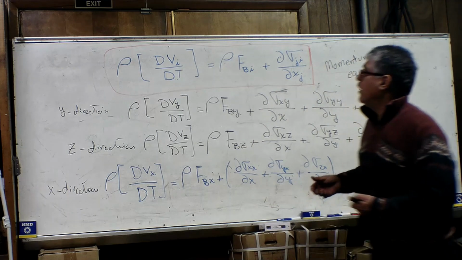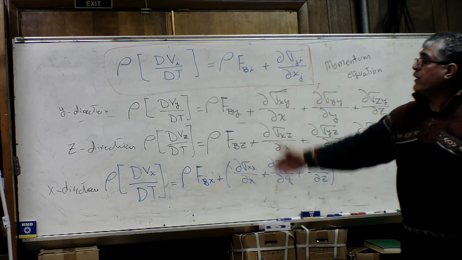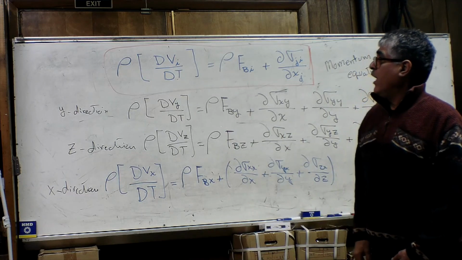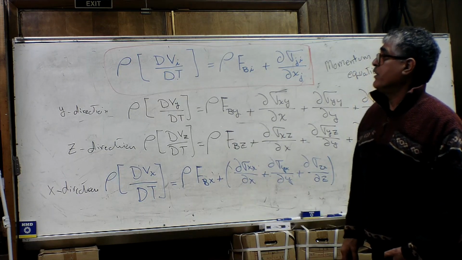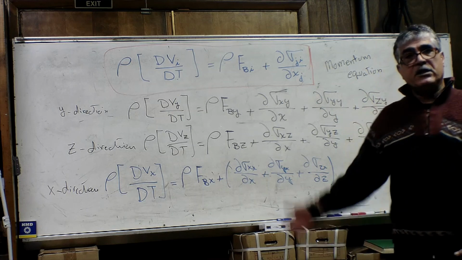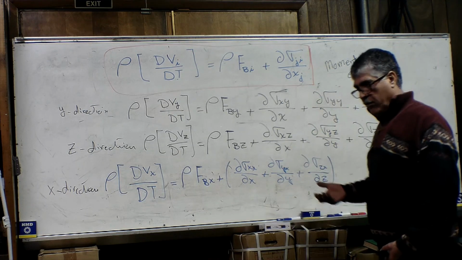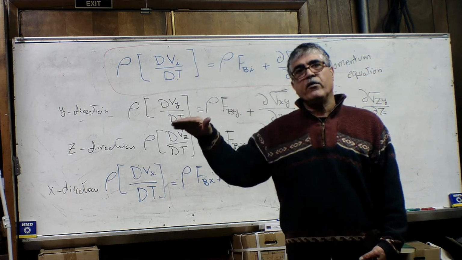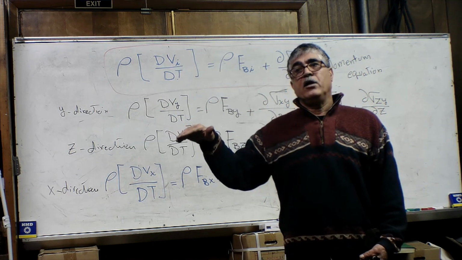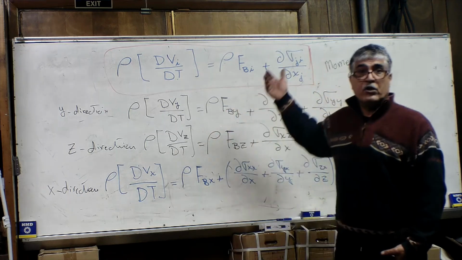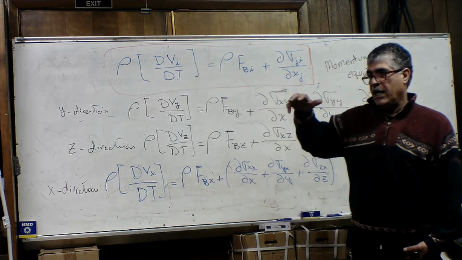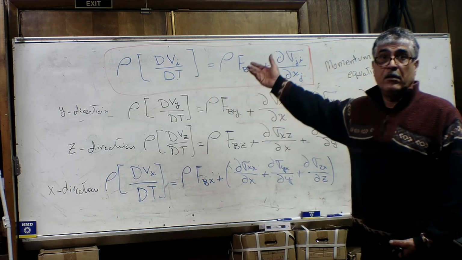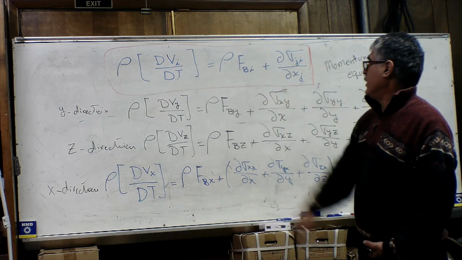I will write this momentum equation for cylindrical and spherical coordinate systems. Again, we have to do the same thing: write the equation for one direction, then use the index notation form, and then we will be able to write it for all the rest of the components.